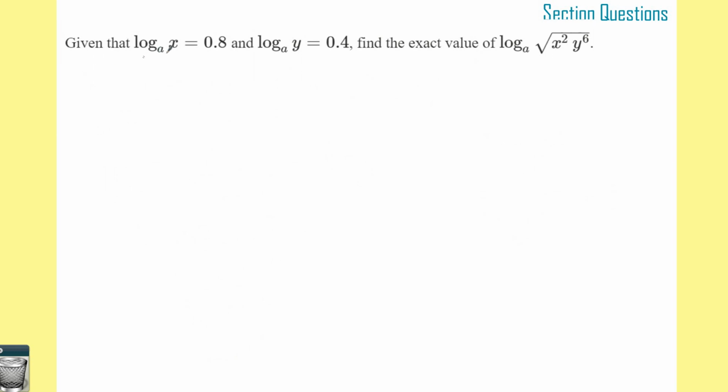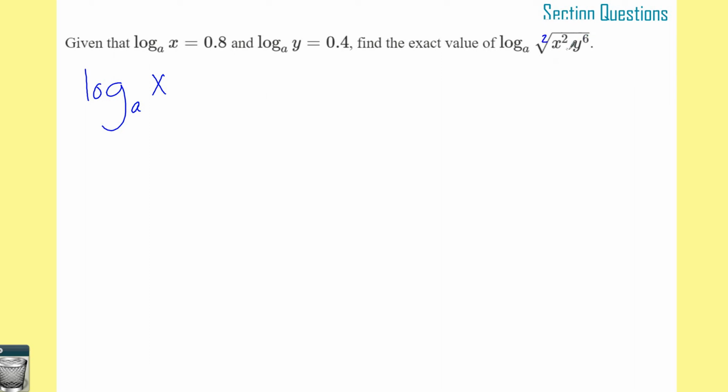Okay, so given that log x, log y, find this one. Well, let's see, I would rewrite this as, it's so weird that they put logs with these problems before the rational, but we'll do it. So log base a would be x to the, well, the square root of x squared, hopefully you know that is just x, and the square root of y to the 6.